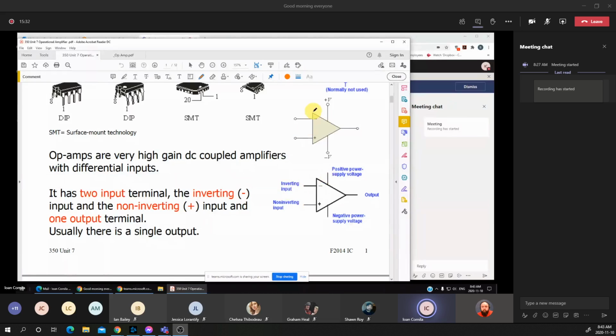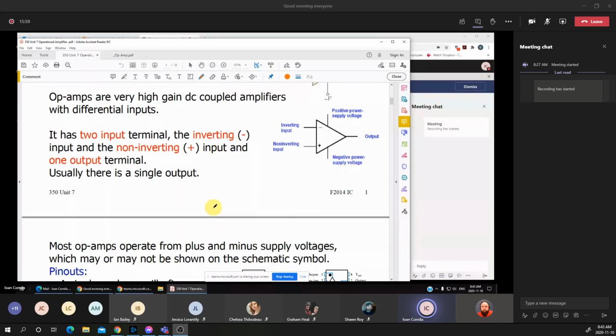Now, to remind you about the meaning of those two inputs: the inverting input is always with a negative sign, meaning that the output voltage is 180 degrees out of phase with the input. For non-inverting, there will not be any phase shift between the output and the input. What an op amp circuit does is amplify the difference between the two inputs.